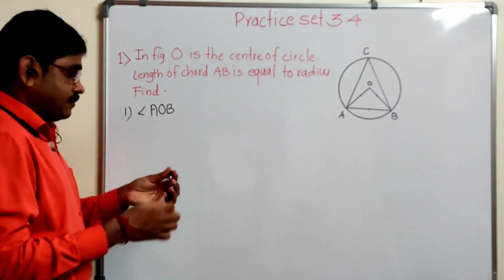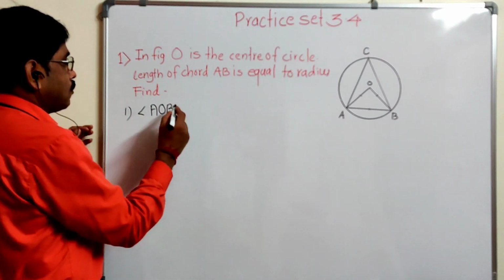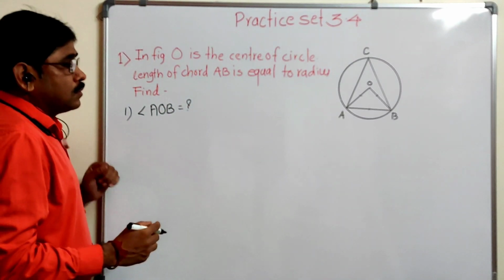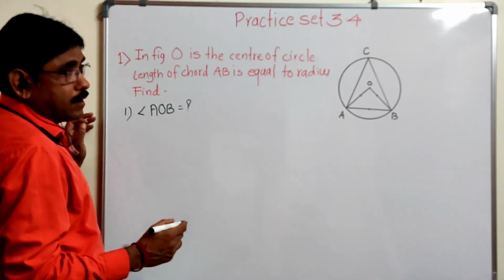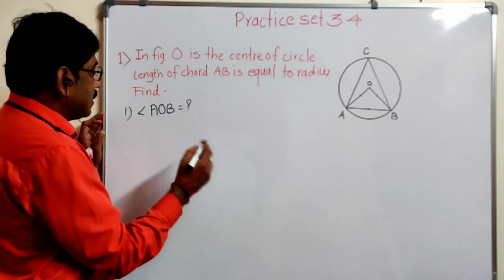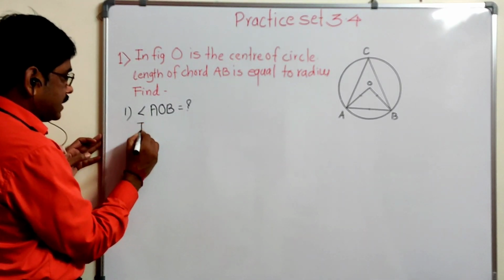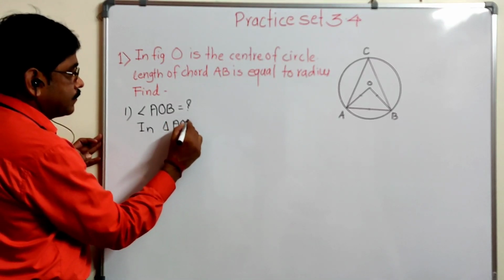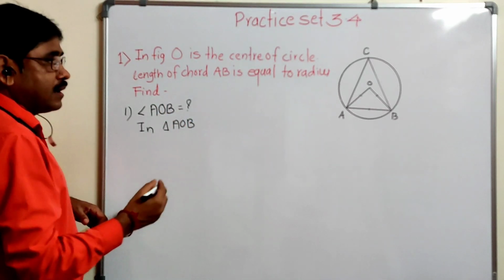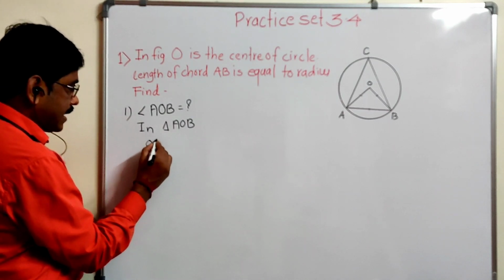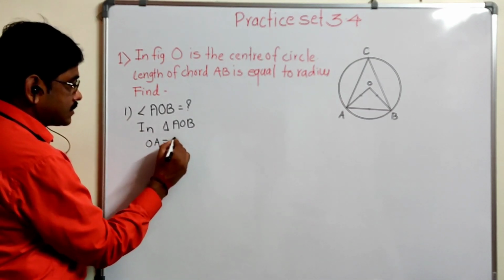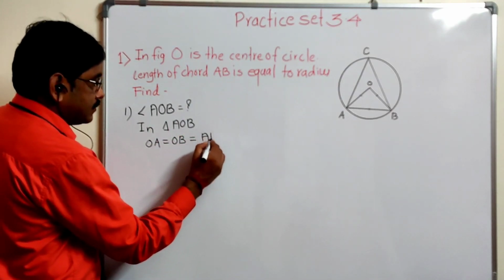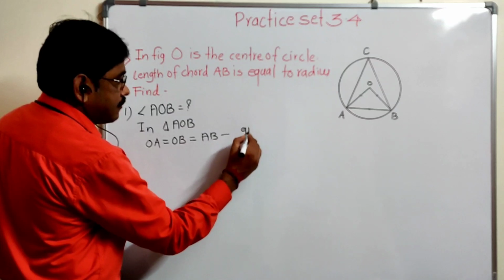First, find the measure of angle AOB. What is the measure of angle AOB? Here in triangle AOB, OA equals OB equals AB. That is given.